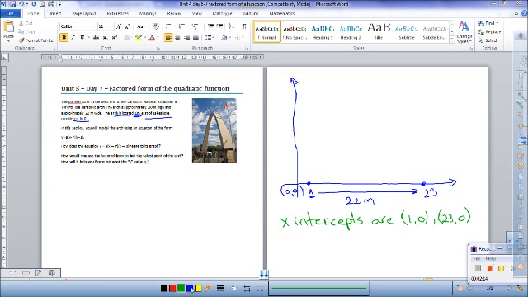Well, we know that in the factored form of a function, the generic form is y equals a times (x minus r) times (x minus s), where r and s were the x-intercepts.